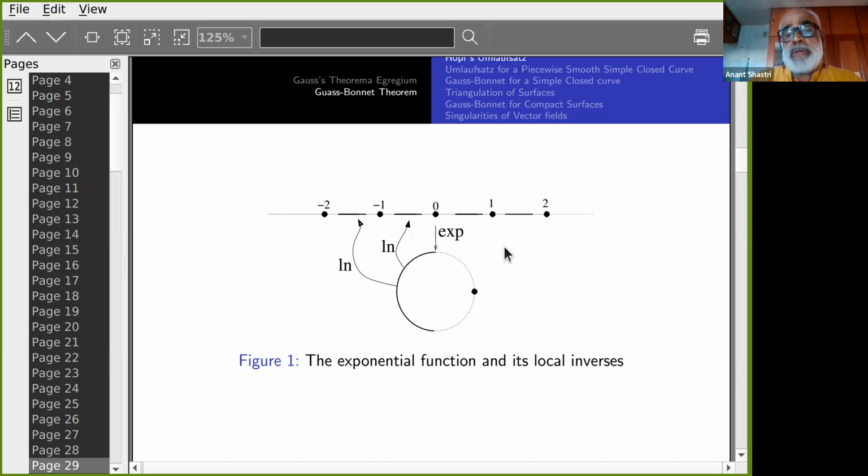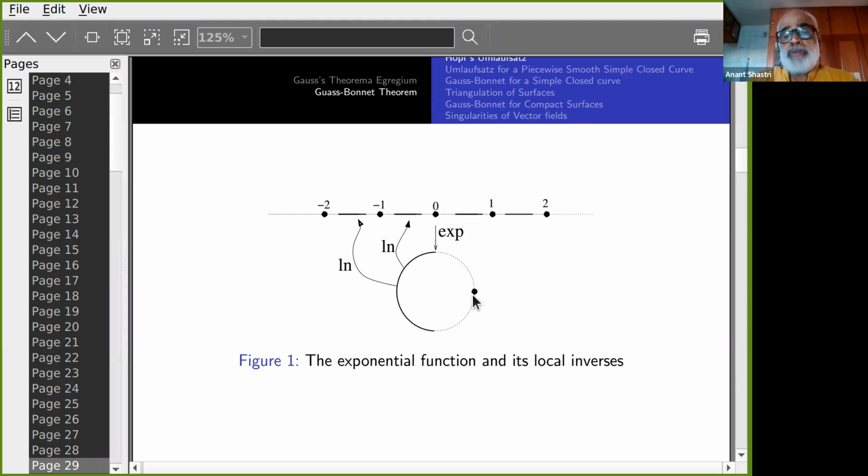So all these are branches here. The exponential function is defined on the whole of it. The branch will be defined only after you delete one single point, no matter which point. If you delete one single point, you have the definition of the log depending upon your choice.